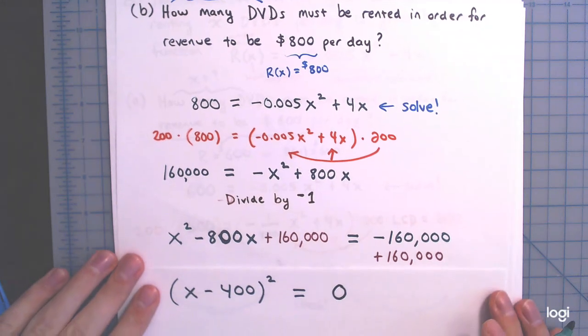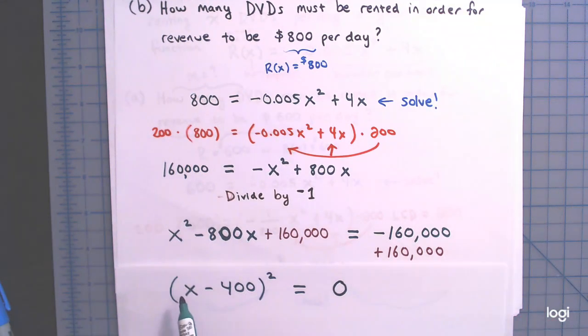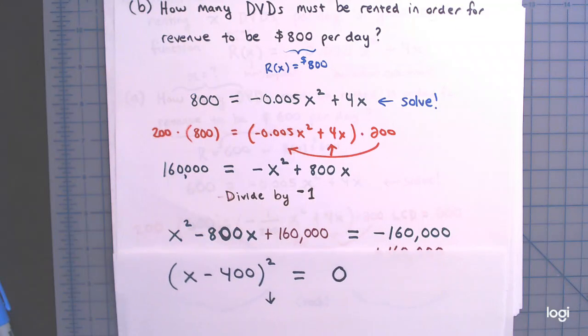And look at this. This is some number squared equals 0. Well, there's only one number that when you square it, you get 0. And that is 0. So the only way this is true is if this base here, this x minus 400, if that's 0.